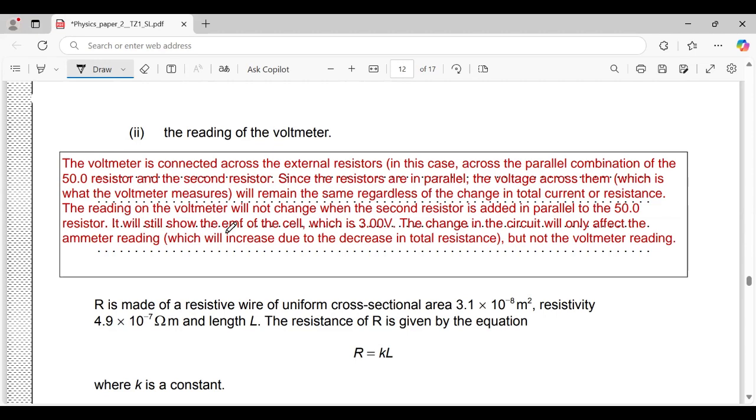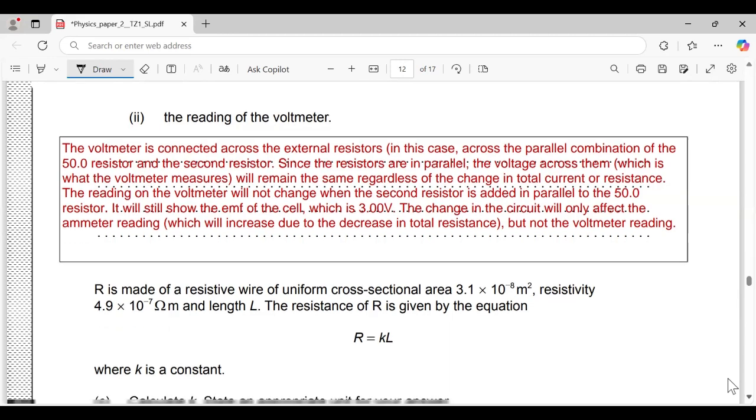It will still show the electromotive force of the cell, which is 3.00 volts. The change in the circuit will only affect the ammeter reading, which will increase due to the decrease in total resistance, but not the voltmeter reading. So just implication for the ammeter, but for the voltmeter, there is no effect. Next.